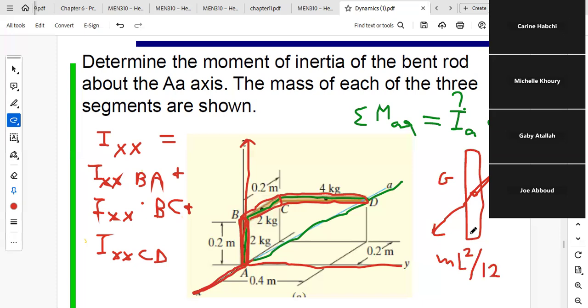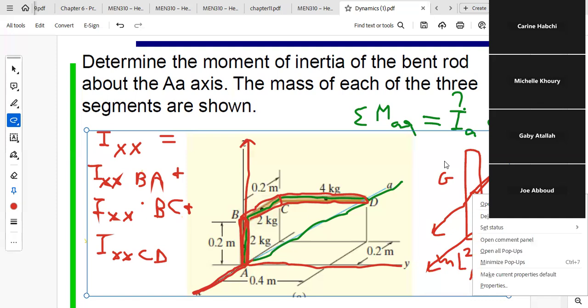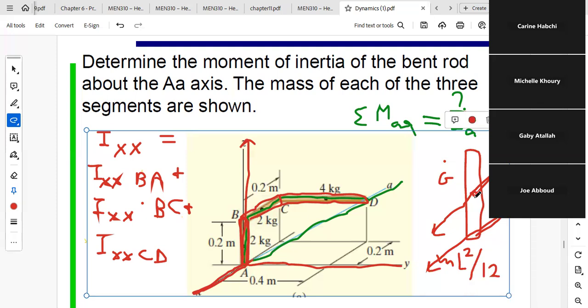If I take an axis parallel to this axis and apply the parallel axis theorem between the two, because A is the extremity of the rod, we know this analysis from 2D.